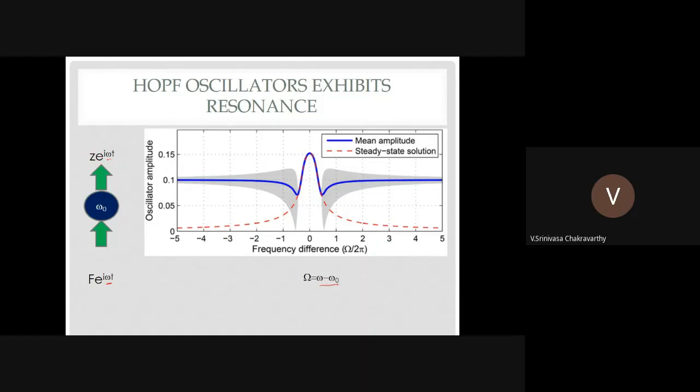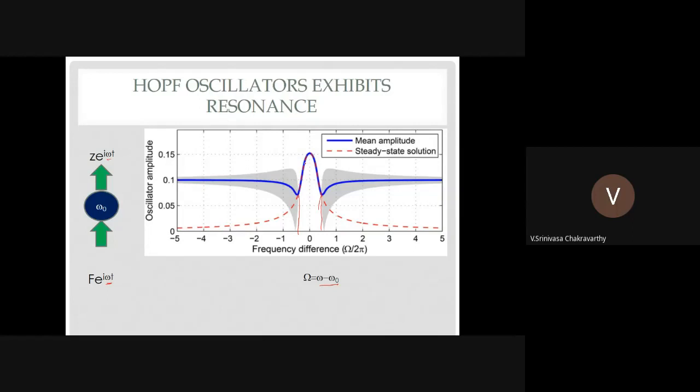as a function of this frequency difference, omega minus omega naught. Up to about this point, this here and this here, the output will have the same frequency as the input, irrespective of the intrinsic frequency of the oscillator.